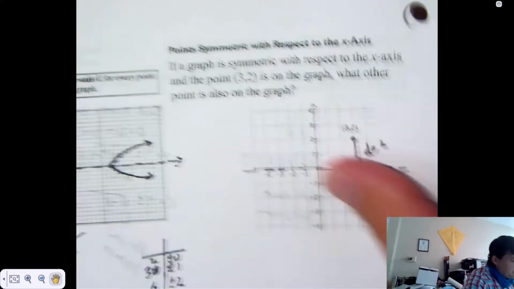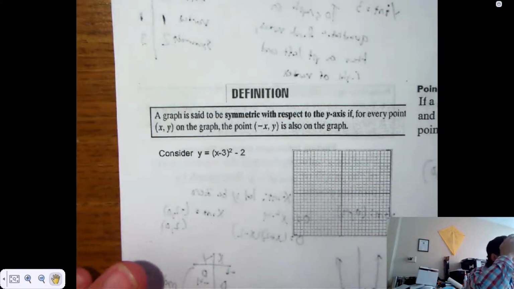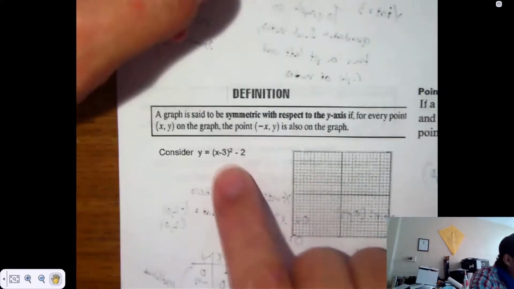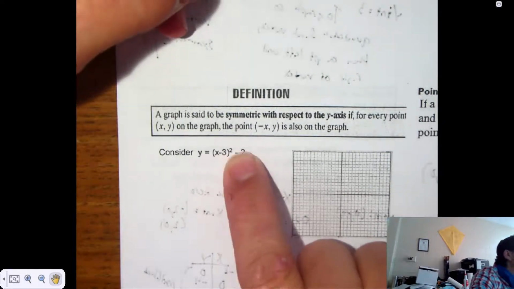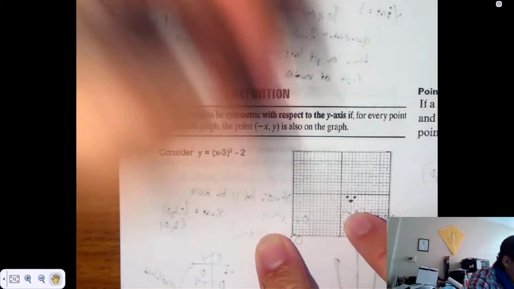Now here's one with symmetry with respect to the y-axis, and I'm not going to bore you with making a table. If you remember your transformation rules, this goes to the right 3 and down 2. Maybe you do, maybe you don't. And from there, it's going to rise 1 and run 1. It's going to look like this.